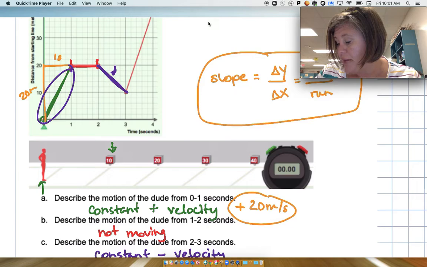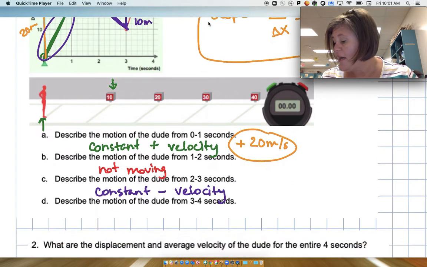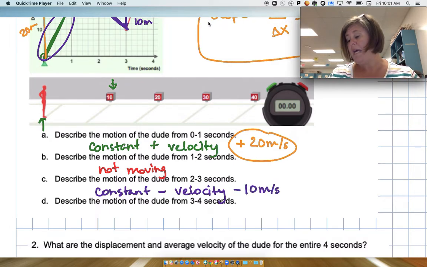So we're going to go down here, and that's going to be 10 meters, and then we're going to run here for 1 second. So here, the velocity is only negative 10 meters per second. So he's not moving as fast, and the negative represents the direction. Think vector. The negative represents the direction.